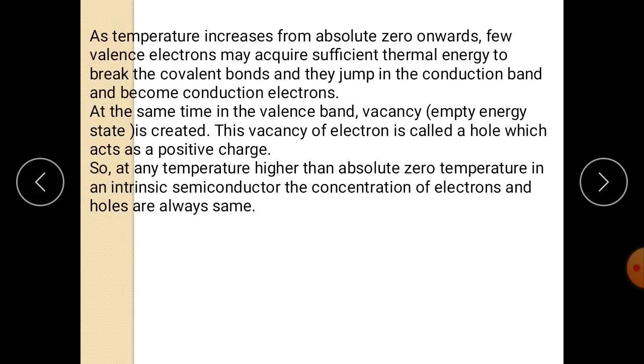So at any temperature higher than absolute zero in an intrinsic semiconductor, the concentration of negatively charged carriers, electrons, and positively charged carriers, that is holes, is always the same.